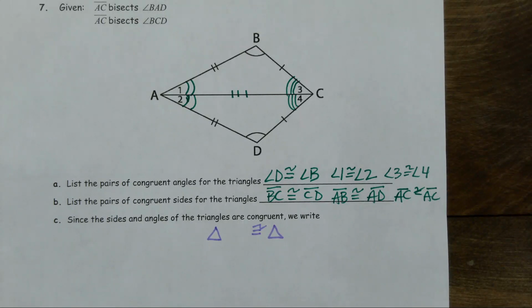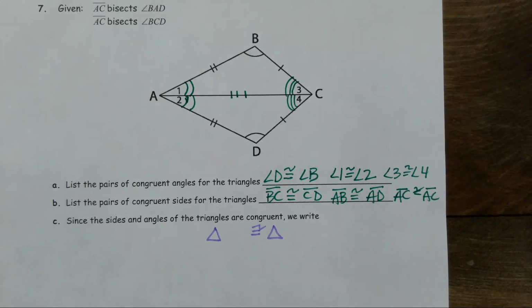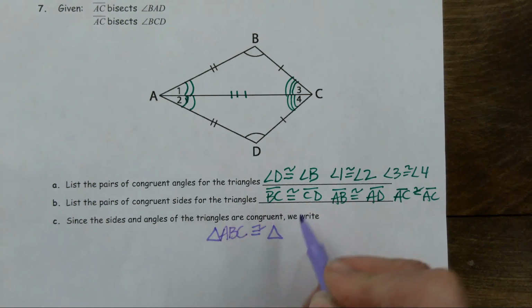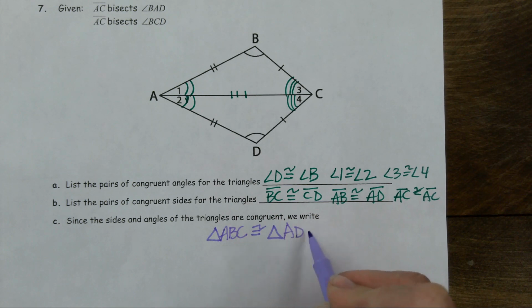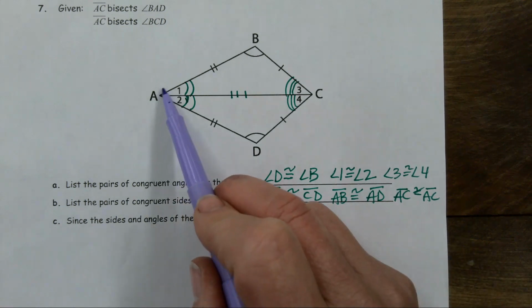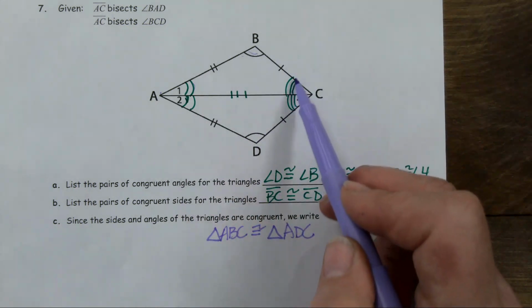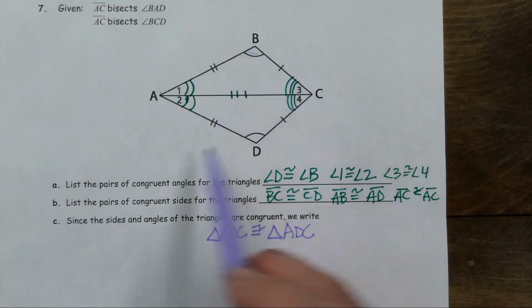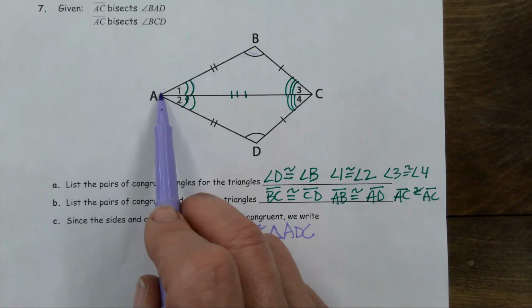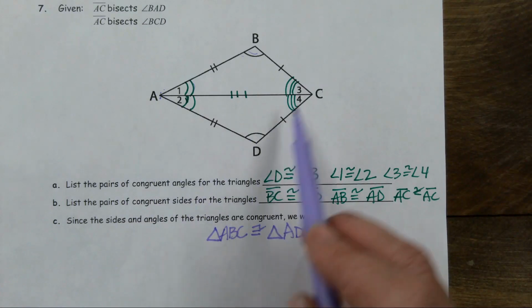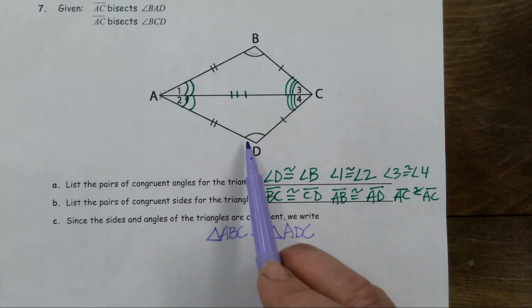Triangle ABC is congruent to triangle ADC. Again, the angle marked with 2, the angle marked with 1, the angle marked with 3, ABC. Do the same thing on the next one. The angle marked with 2, the angle marked with 1, the angle marked with 3, ADC.